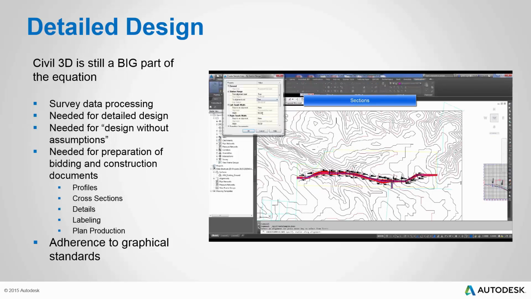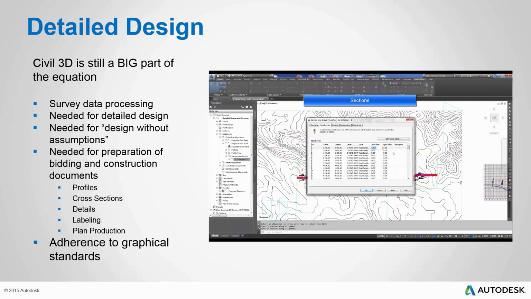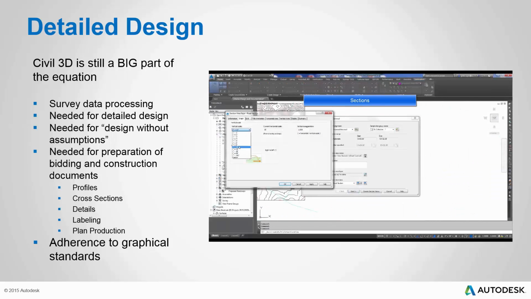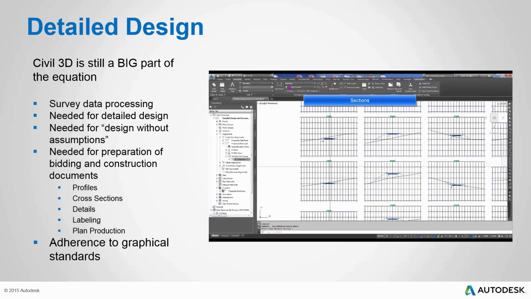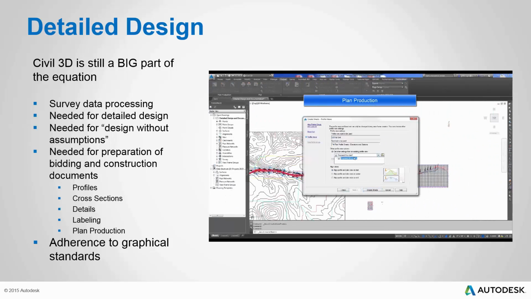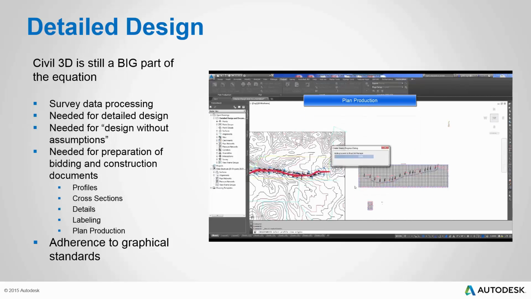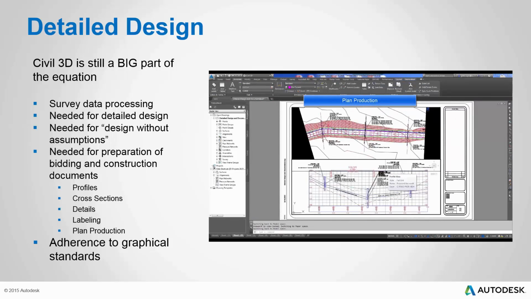Not to mention the AutoCAD platform that it's built on, allowing you to do all the general drafting tasks like drawing details and adhering to the graphical standards that you're required to adhere to by your clients and customers. So Civil 3D is and will remain a big part of this equation because of the need to use it for detailed design and documentation.